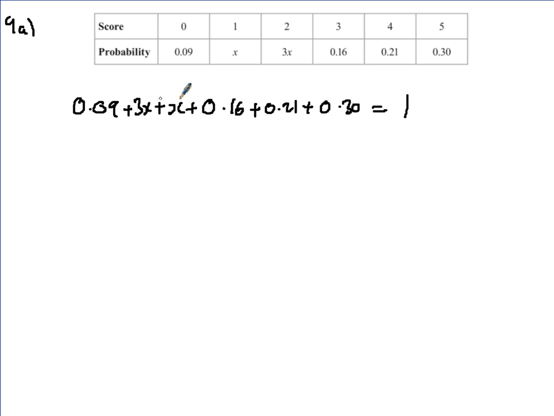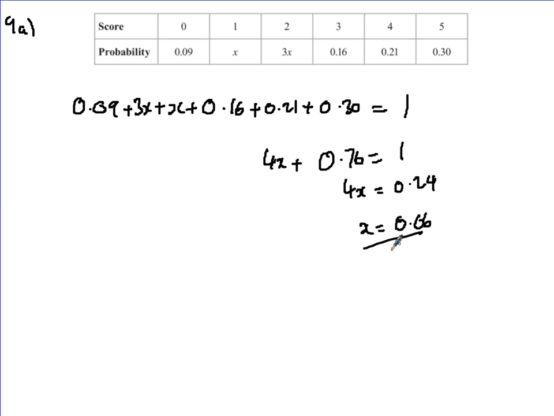So 0.3, 0.46, 0.76, and x plus 3x is 4x. So take your 0.76 off this, you get 0.24. Divide by 4, 0.06 then as your value of x.